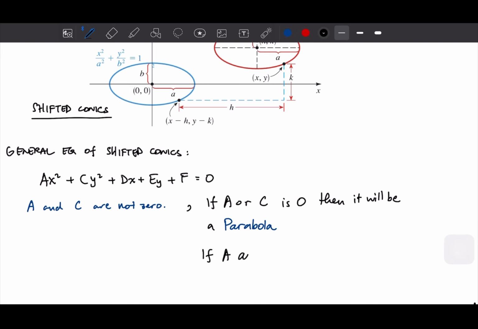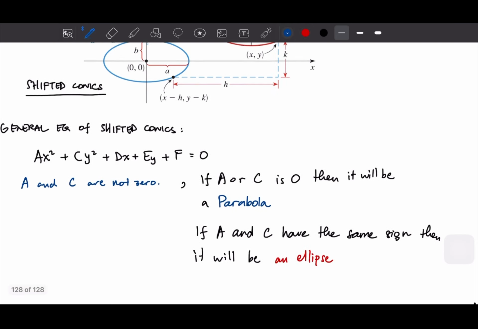If A and C have the same sign, then it will be an ellipse. Or if A equals C, a circle.